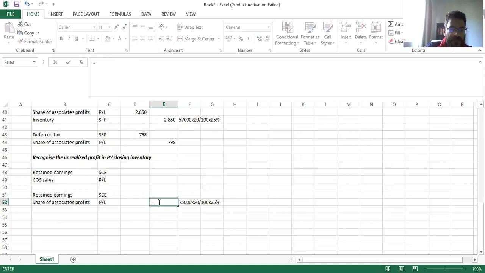So we're going to say 75,000 multiplied by 20 divided by 100 multiplied by 25%. 150.